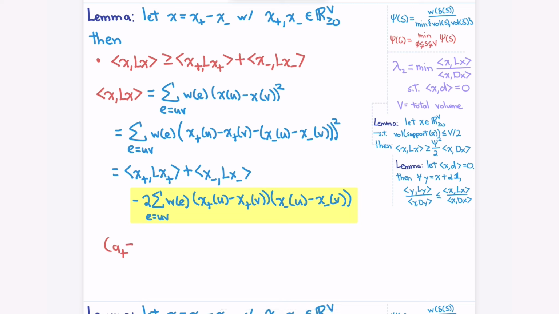What I want to show is that this thing is less than or equal to 0. Because if that is less than or equal to 0, then this negated term is positive, so you can just drop it. So why is this true for any A, B?